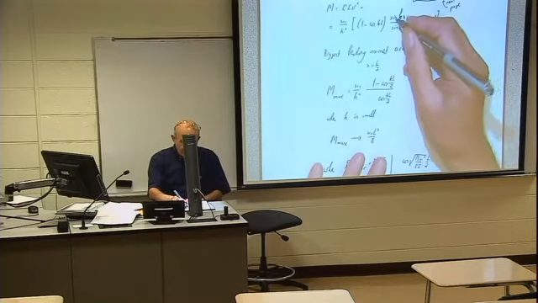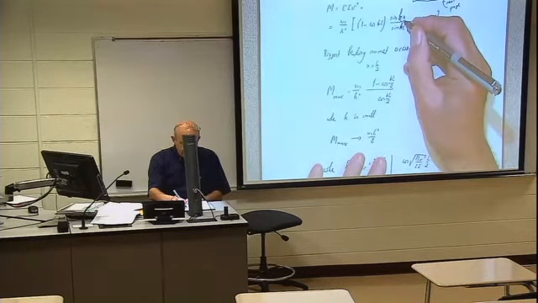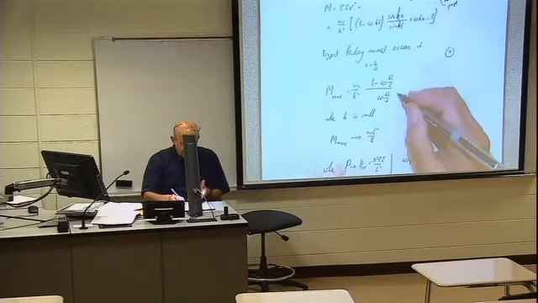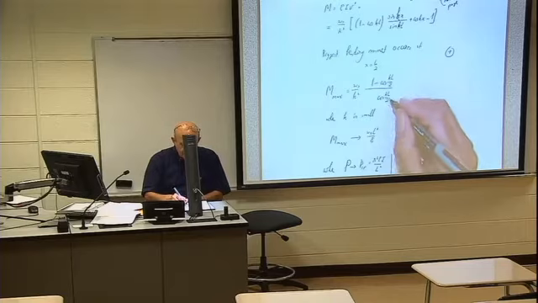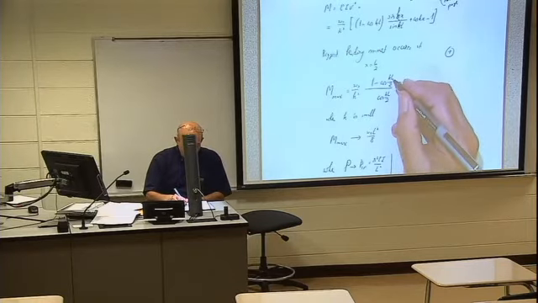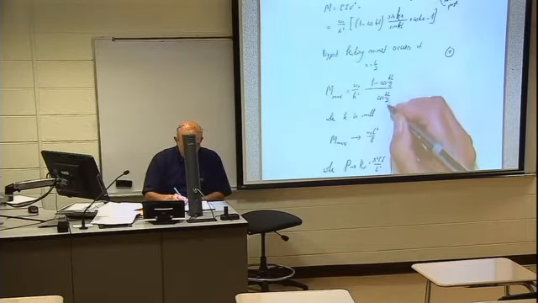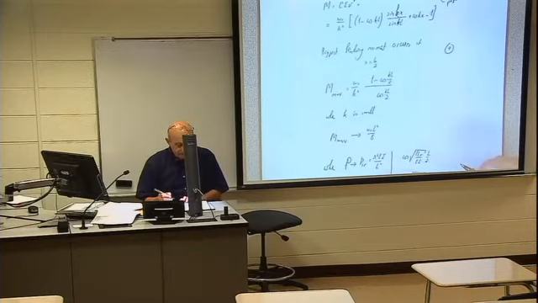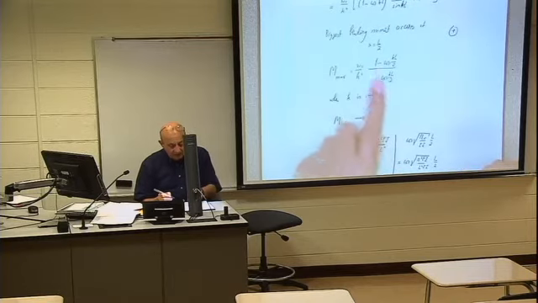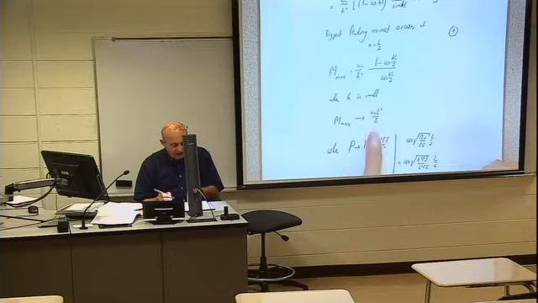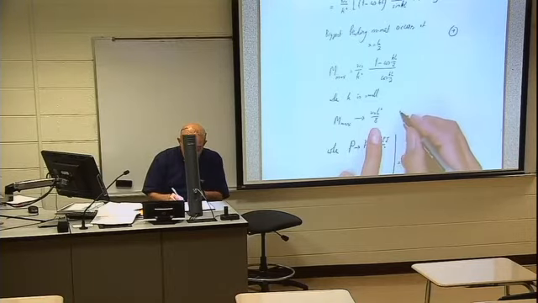So then will be sine KL over 2. But sine KL over 2 can be divided. So we just do some algebra. And we get cosine KL over 2. 1 minus cosine KL over 2 divided by cosine KL over 2. So when K is small, we get W0 L squared over 8, like in this problem.